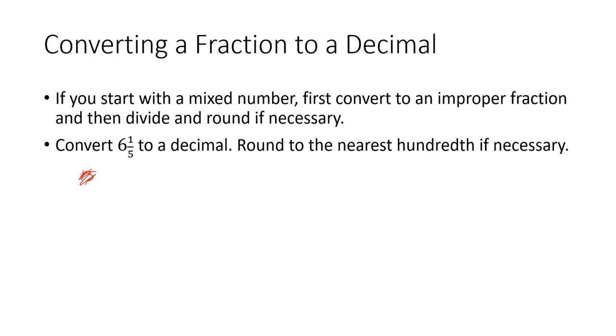If we start with a mixed number and want to convert it to a decimal, we first need to convert to a fraction. To convert a mixed number to a fraction, we multiply the denominator of the fraction times the whole number and then add the numerator. So 5 times 6 is 30. 30 plus 1 is 31 over 5. And now to convert into a decimal we divide. 5 goes into 31 6 times. 6 times 5 is 30.